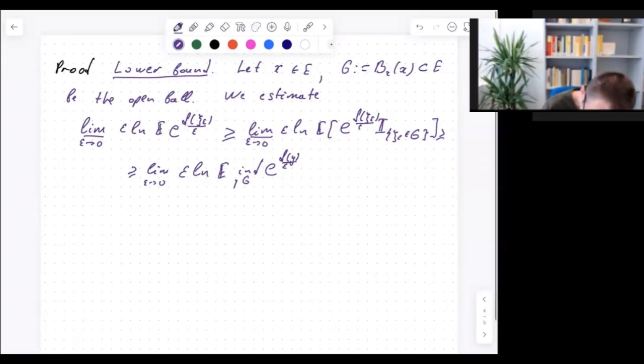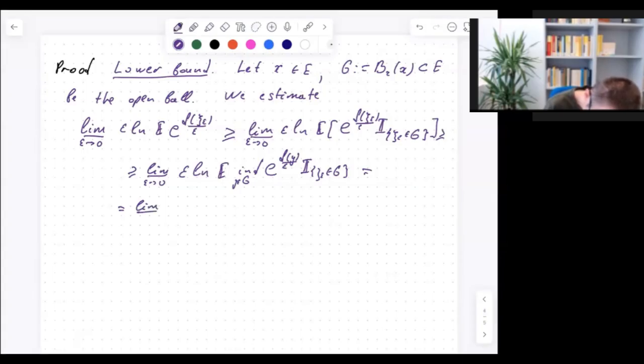Here y is taken from G, and then you have the indicator function. But now this is a constant, independent of the randomness, and you can move it outside of the expectation, and we get the expectation of the indicator function. That is the probability.